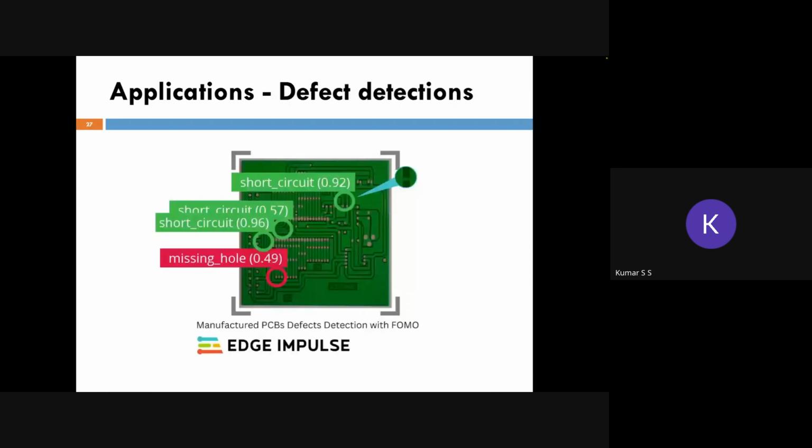Then it is also being applied in industrial applications, for example in PCB design, to find exactly where the fault is, because we are going to manufacture electronic products that depend upon this design. So faults can be easily found.